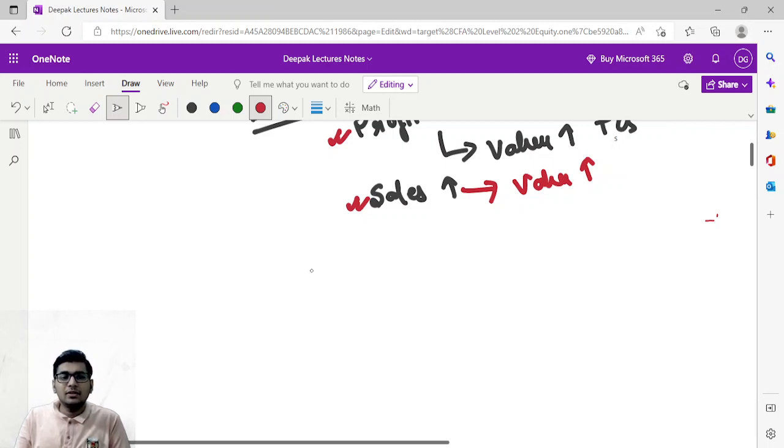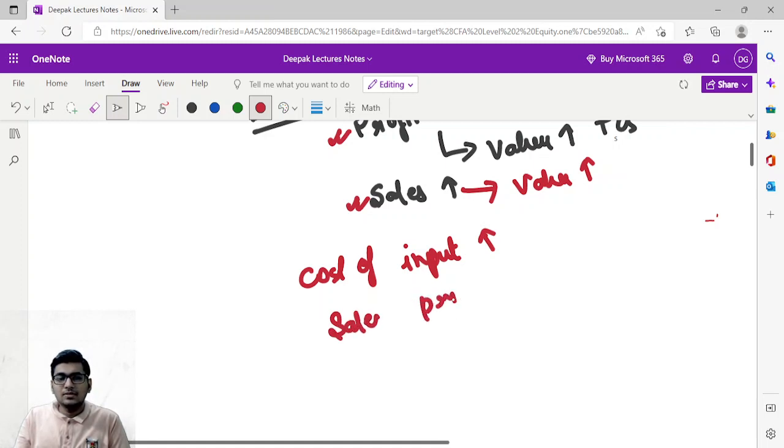Like they can say that their cost of input increased, but their sale price is intact, meaning there is no change in the sale price. I'll give you an example: airline companies. Their raw material cost, that is fuel, is rising, but they are not able to increase the fare of the flight, because if they do so, people will shift to other modes of transportation, like railways or their own car.